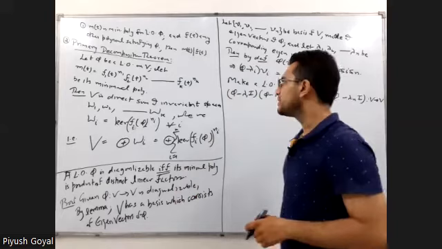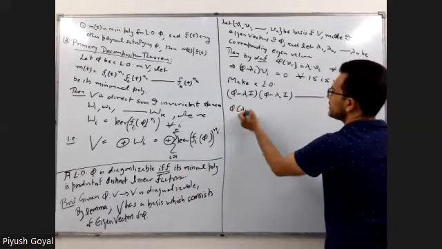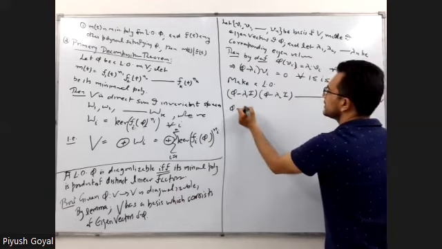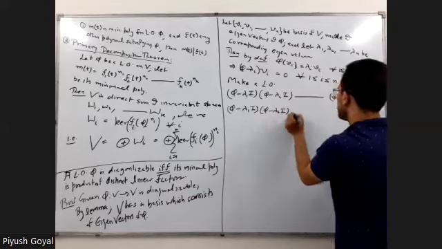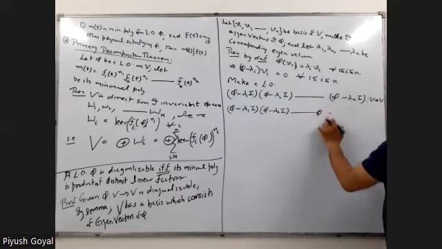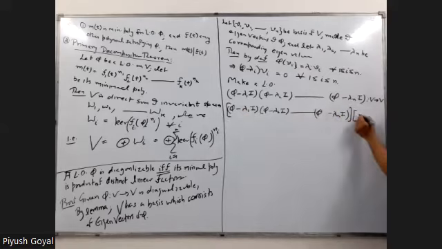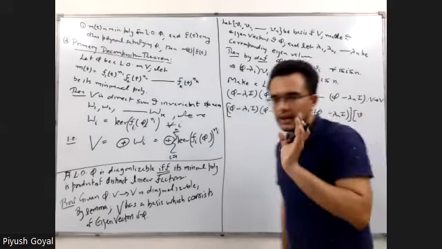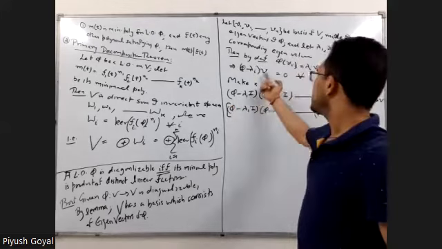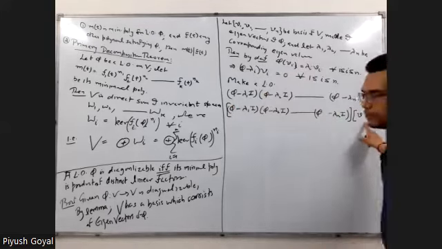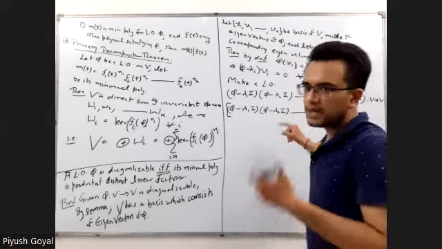Now if you put vi in (phi minus lambda 1)(phi minus lambda 2) up to (phi minus lambda n), say if you put v1 in it, this v1 will meet its factor and it will become 0. If it meets v2, it will become 0, and v3, the next term, it will become 0.